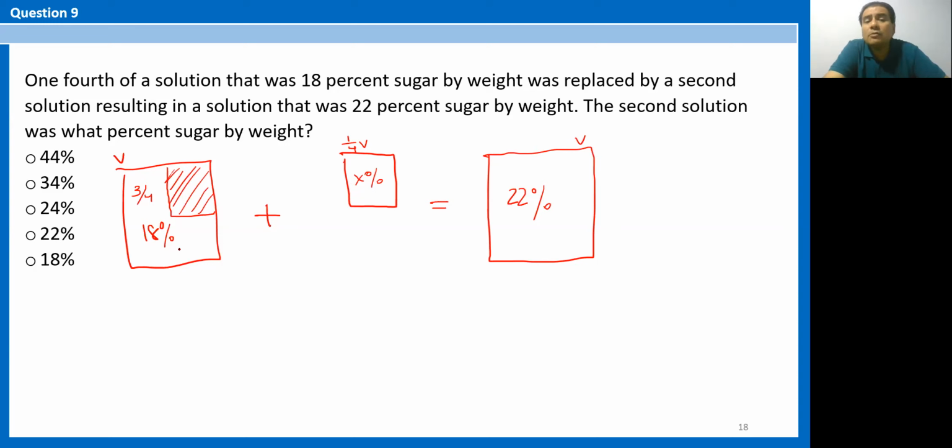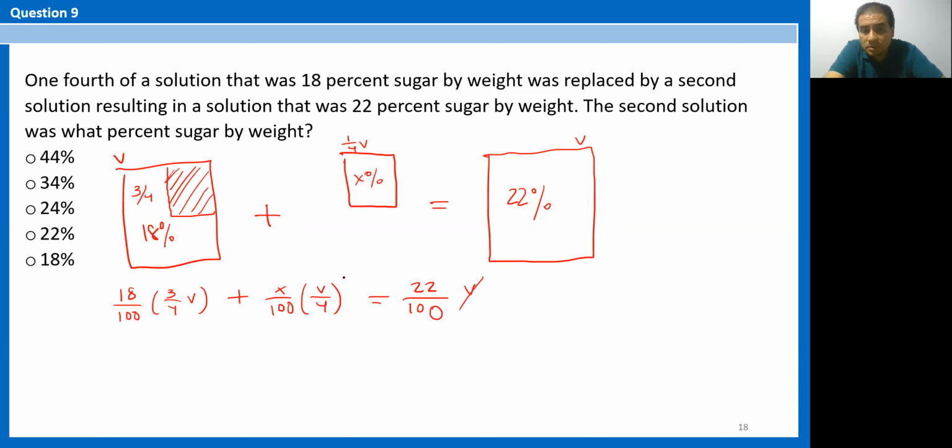What is the amount of sugar in the first liquid? It would be 18% of 3/4 of a certain volume. Here, you have X% of 1/4 of that volume. And this should be equal to 22% of the original volume.